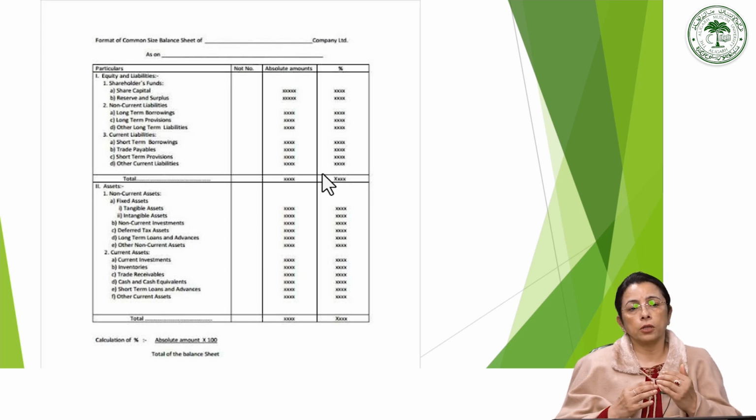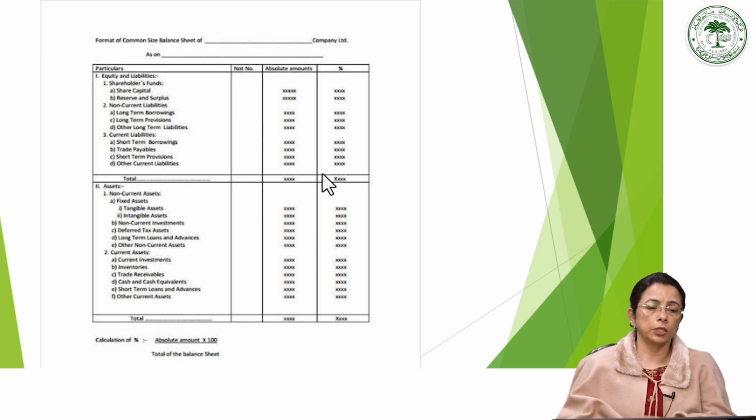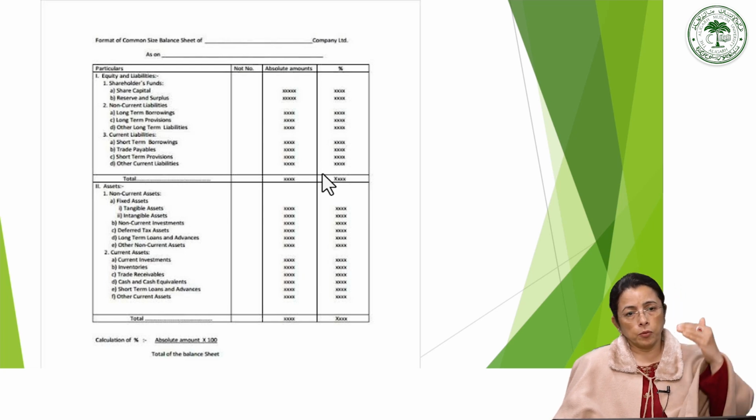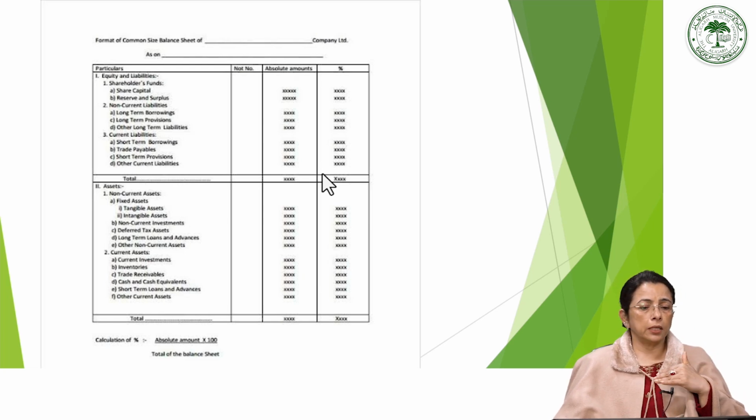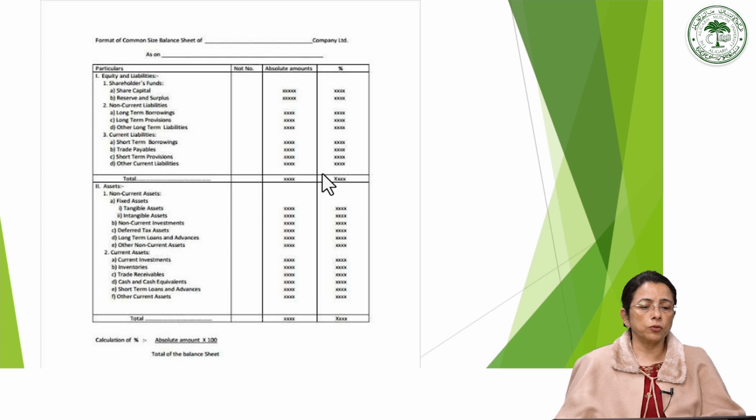So these are all the heads which are to be included to compute the total liabilities plus shareholders' funds. Then in the box on the lower side, we put down all the assets, and assets might start from fixed to current or current to fixed. Here it is from fixed to current.